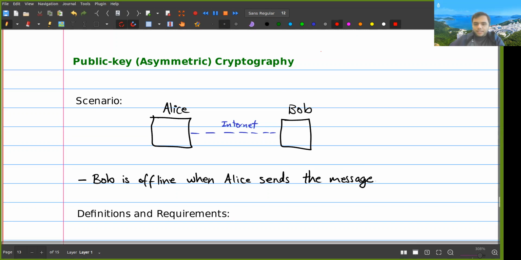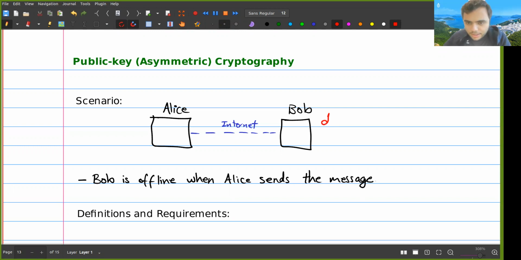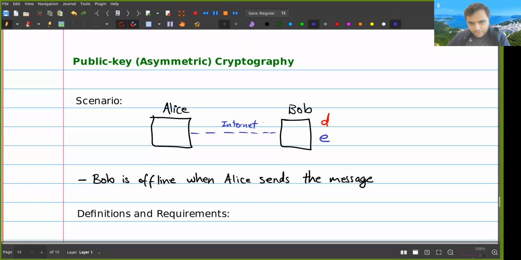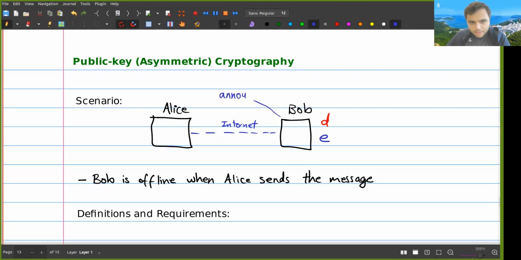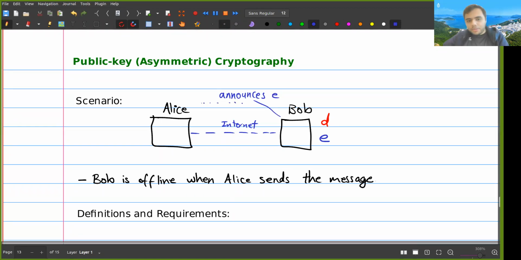And the idea is that Bob now creates two different keys. So Bob creates a secret key. Let's call that secret key D. And he also creates a public key, and that's E. So Bob just announces E to everyone. Not necessarily to Alice, but it's just announced on the internet.